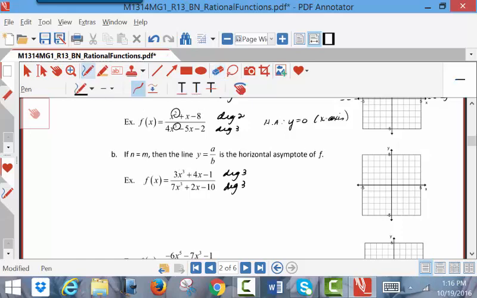So if the degrees are equal, then the fraction created by the leading coefficients will give you your horizontal asymptote. In other words, your horizontal asymptote is y equaling 3/7 for this example.